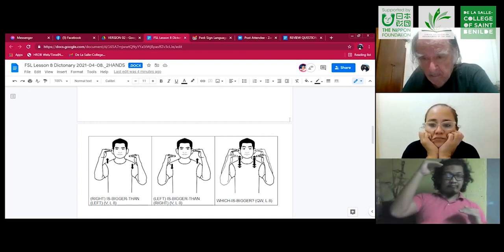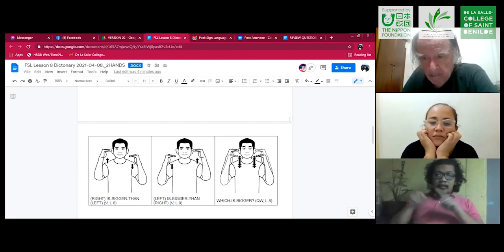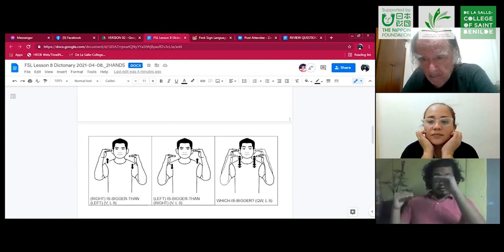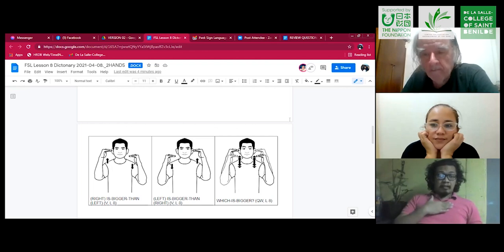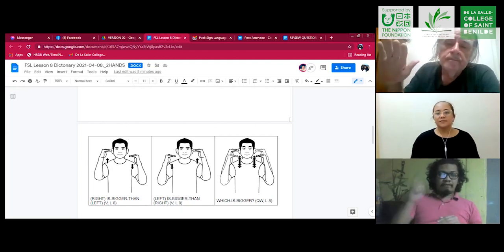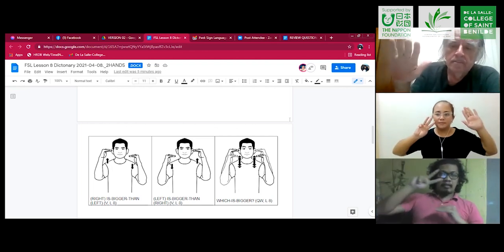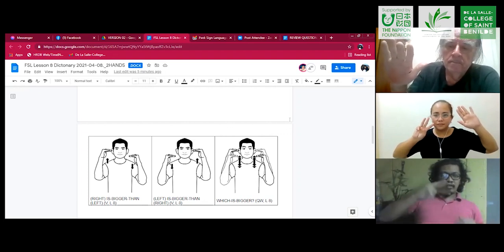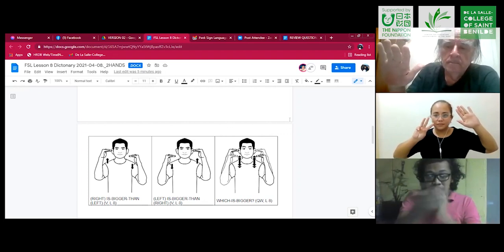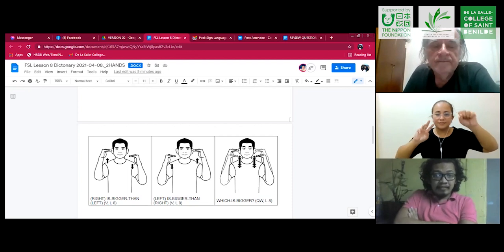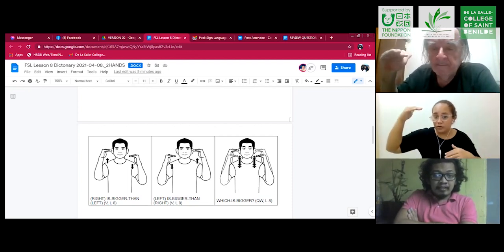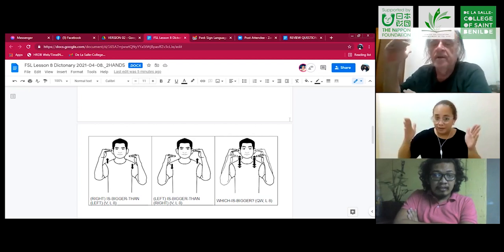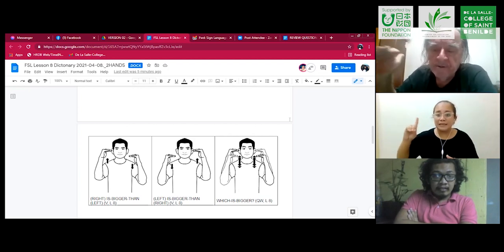Because if you can see in the picture, they're both starting off at the same position, and then the last one left is bigger than right. Yes, because the right hand is higher, so right is bigger. So right is the dominant hand, so I think we focus on the dominant hand first.